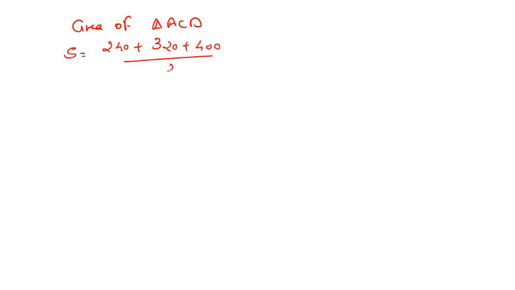What is area of second part? Area of second part is area of triangle ACD. Triangle ACD means sides are 240, 320 and 400. That is divided into two parts, but we can find the total area first. So s is 240 plus 320 plus 400 by 2.